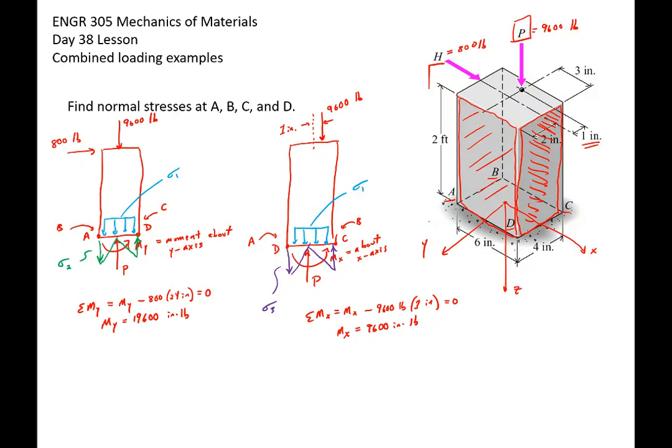Okay, so the next step here is going to be to compute sigma 1, sigma 2, sigma 3. So let's do that on the next page here. Sigma 1 is an axial load. That's just going to be P divided by A. Our P is 9,600 pounds.